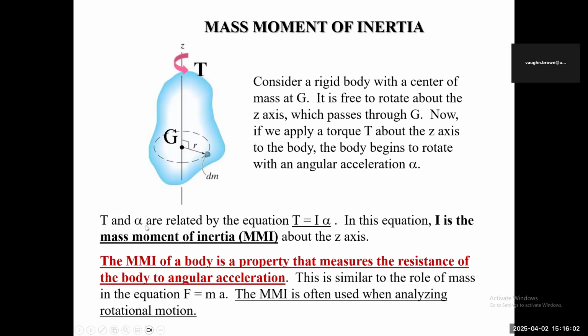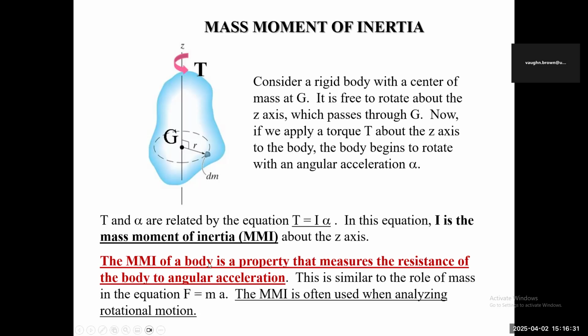So the torque and the alpha are related by the equation. So the inertia is that property P that combines both the torque and the angular acceleration. And the inertia has something to do with the mass, right? So this equation is the mass moment of inertia, MMI, about the Z axis, right? So that's in the equation I, right?